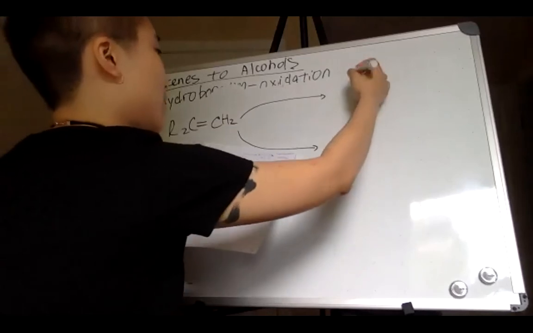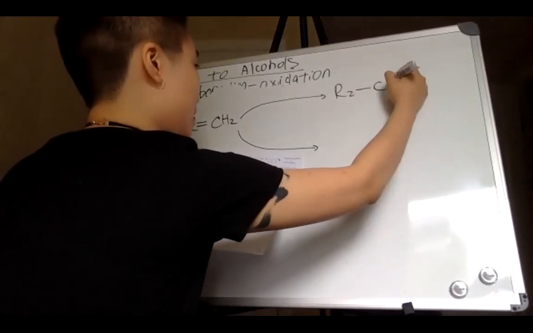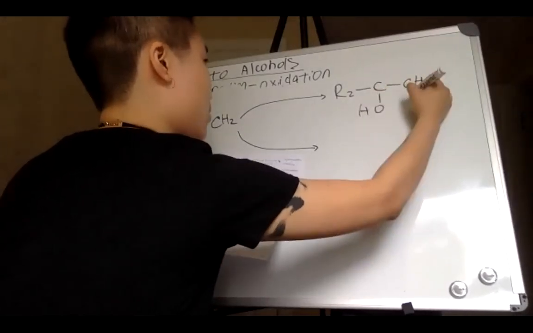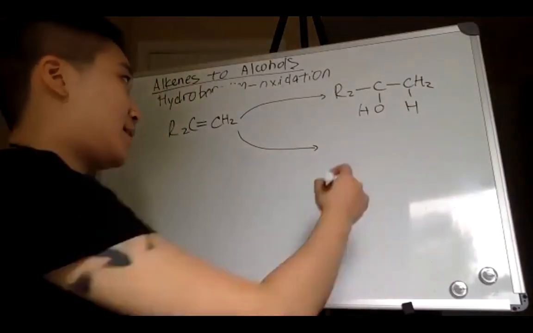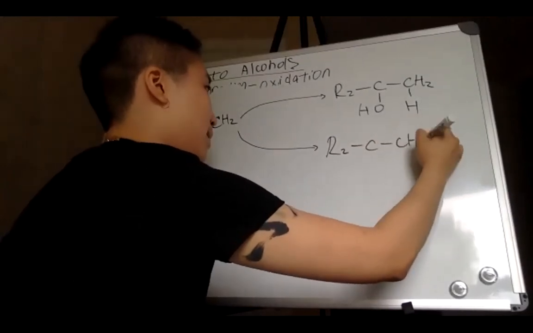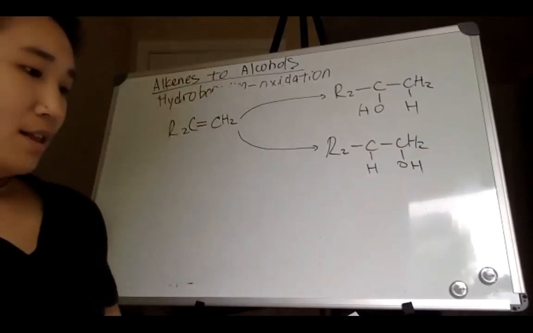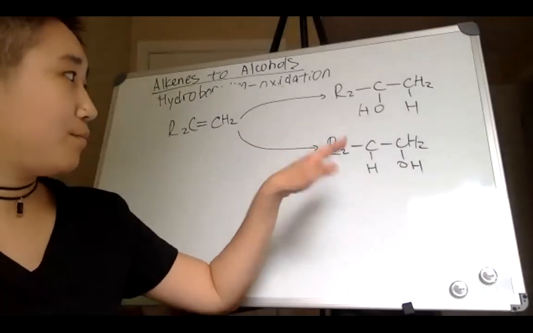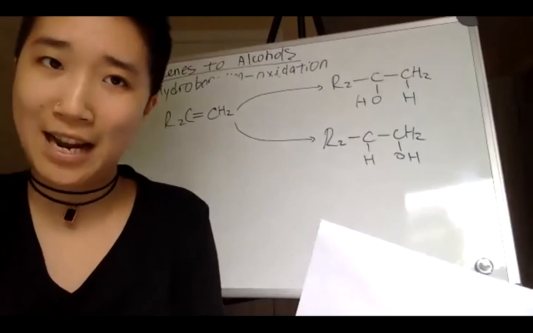One of them is going to give us the Markovnikov product, which is R2C(OH)CH3, and that is oxymercuration reduction. Whereas the other method is going to give us the anti-Markovnikov product. That is hydroboration oxidation. And which method to use is entirely up to the question that's asked.